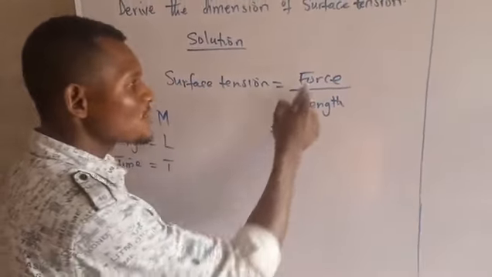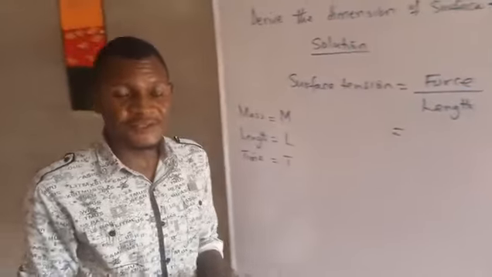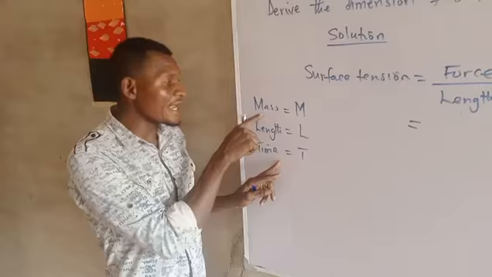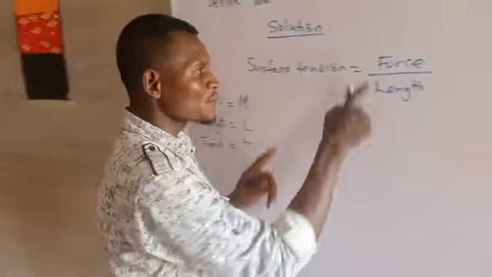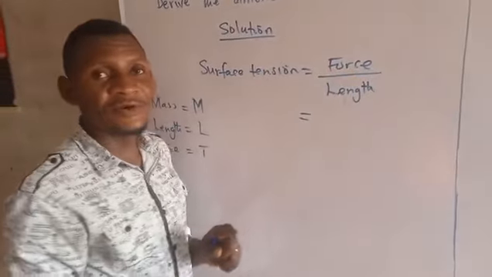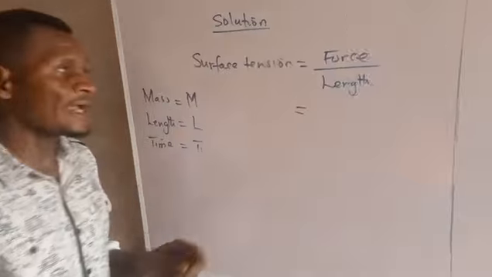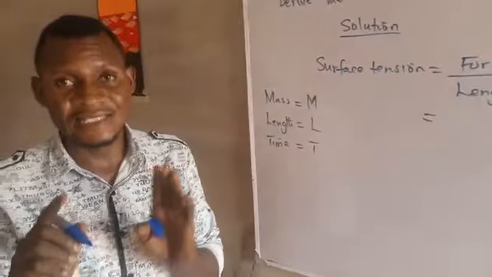Now, for you to simplify this formula further, so that you can obtain these quantities in the formula here, we're supposed to express the formula for force, and force is obtained by multiplying the mass and the acceleration.